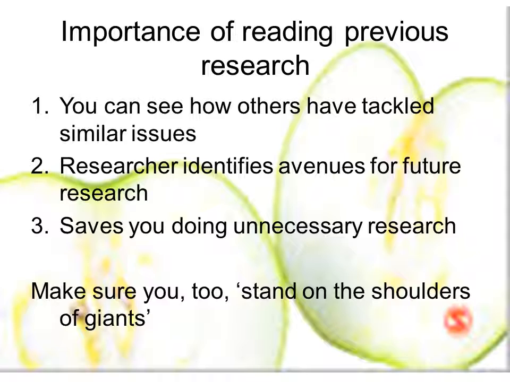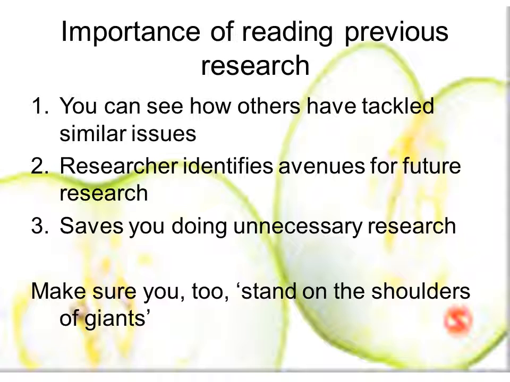Researchers identify avenues for future research. Basically, we're saying that the individual comes up with results, but maybe from those results there's something else that's been exposed that's relevant. And maybe that's going to be something that we're going to look at a little bit further in another study, but it's not really going to be published in this study.